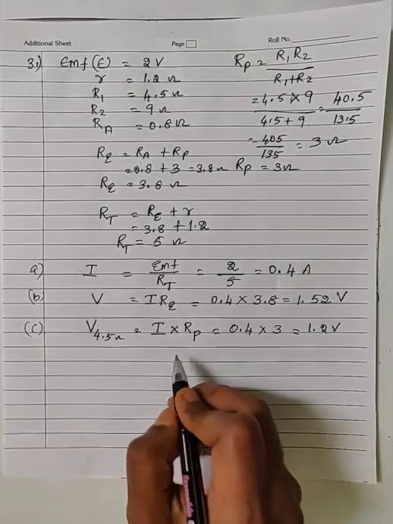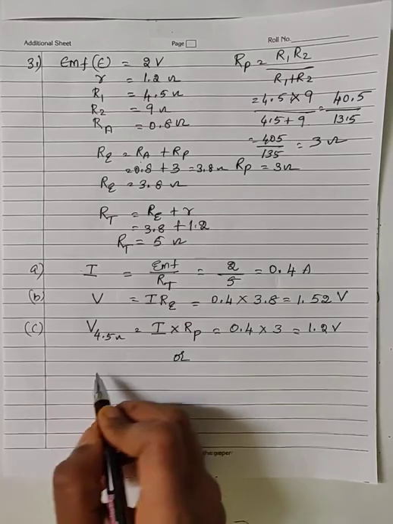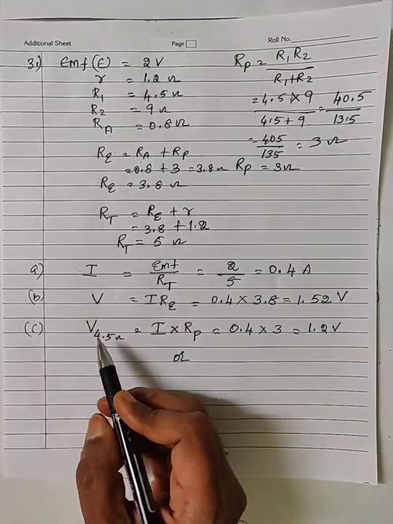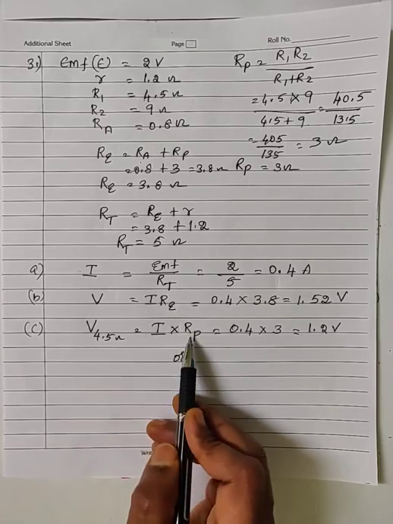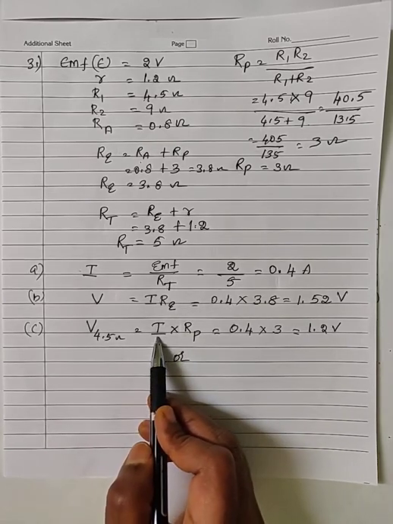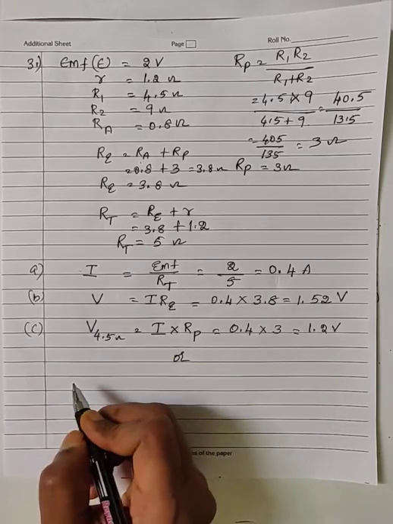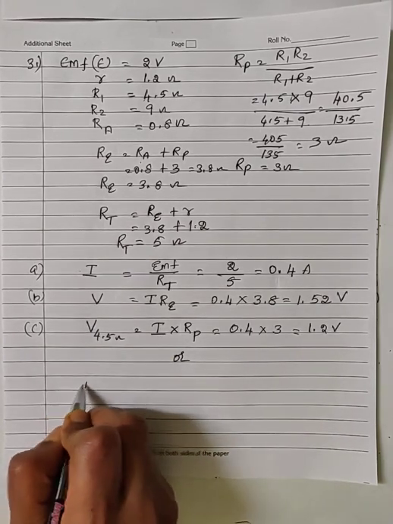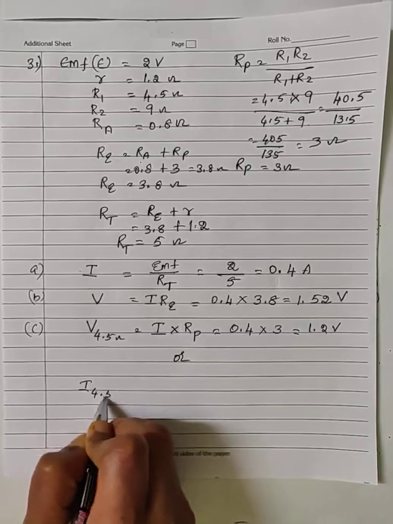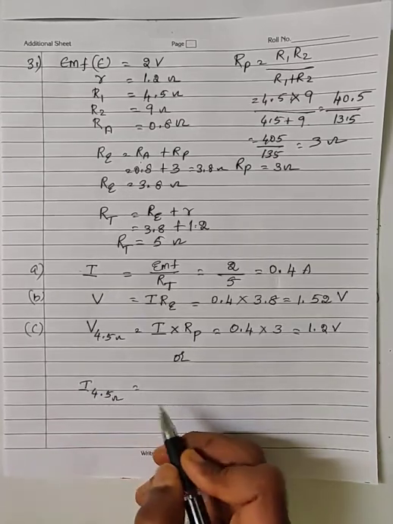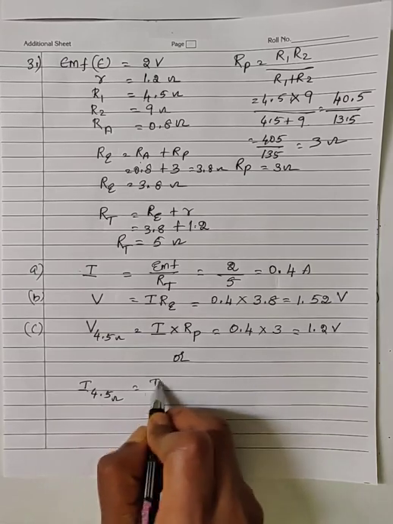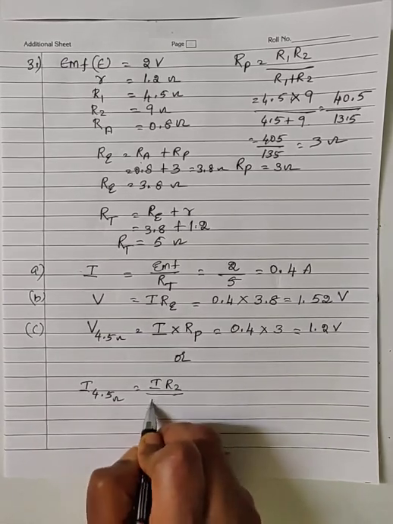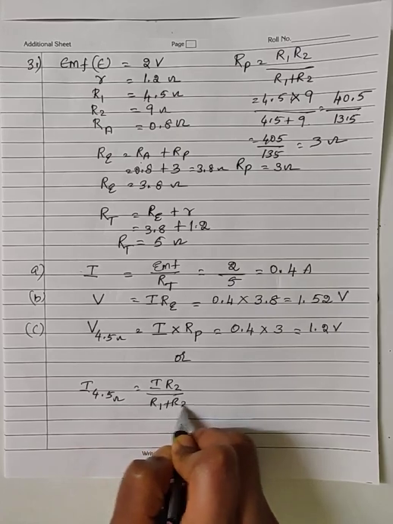One more method you can also do. If you want to substitute R as 4.5, then in the place of I you have to substitute the current flowing through the 4.5 ohm resistor. So first we calculate the current flowing through the 4.5 ohm resistor. Since the two resistors are connected in parallel, the expression is I into R2 by R1 plus R2.